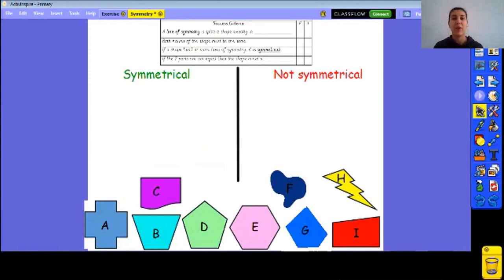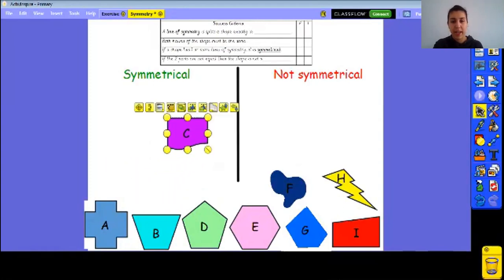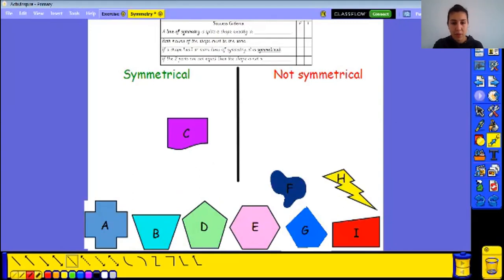Lovely, well done for having a go at that, year 2. Let's do it together then. So let's do this shape here. So if I tried to fold it this way, would it be equal? No, because I can see that this bit goes up and this bit goes down. So those opposites would not match up.